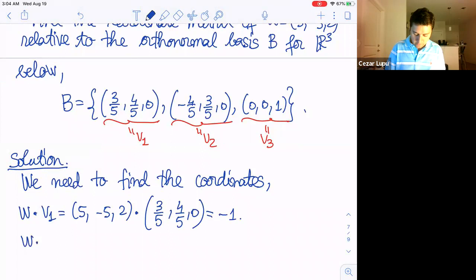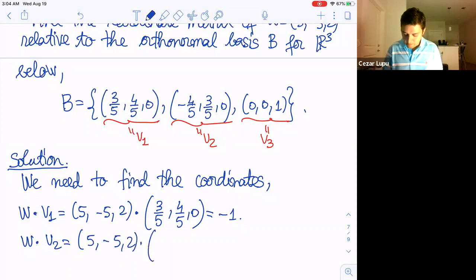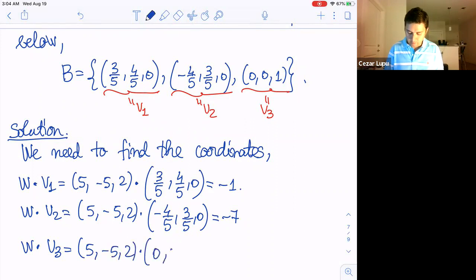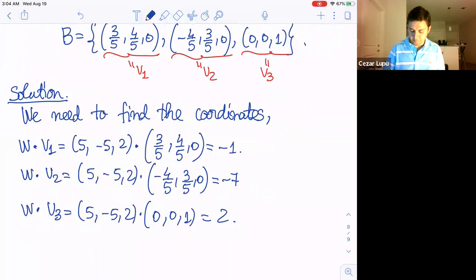The second one, W dot V2, will give us negative 7. And the last one, W dot V3, is simple. This is 2. Great.